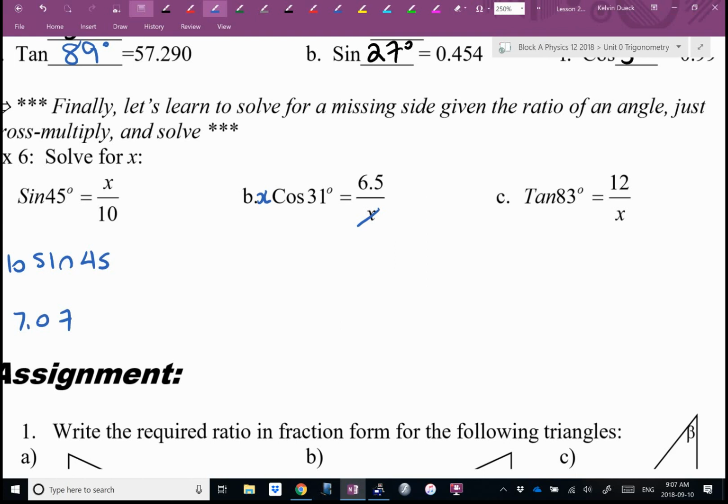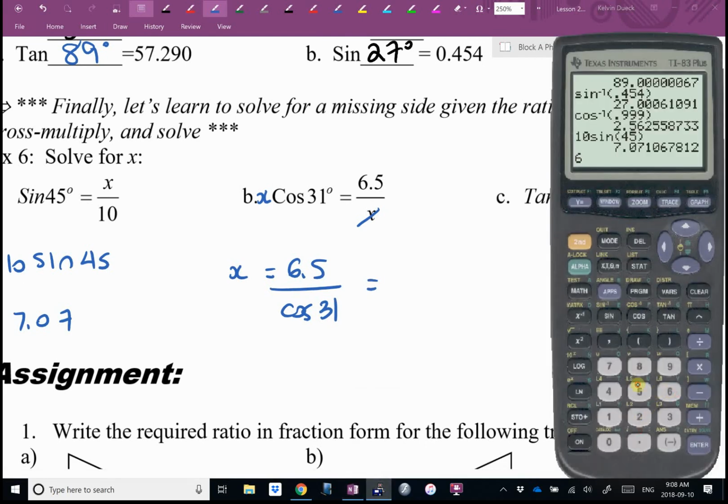Aisha, coming back to you, how would I get the x by itself? Not multiply this time, but divide the cos over. And I get 7.58.